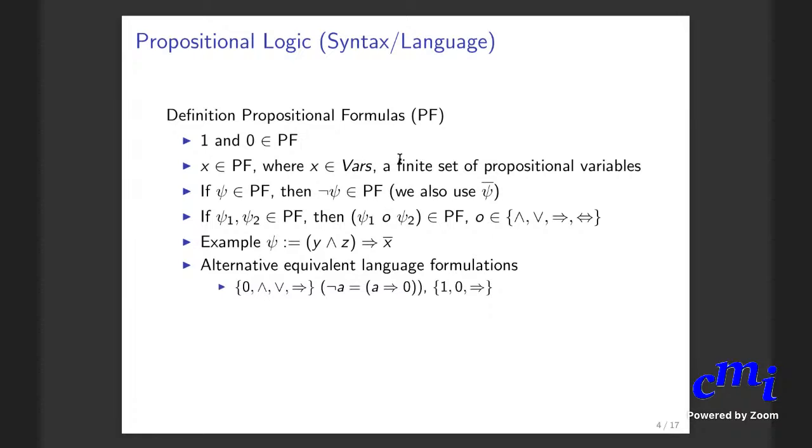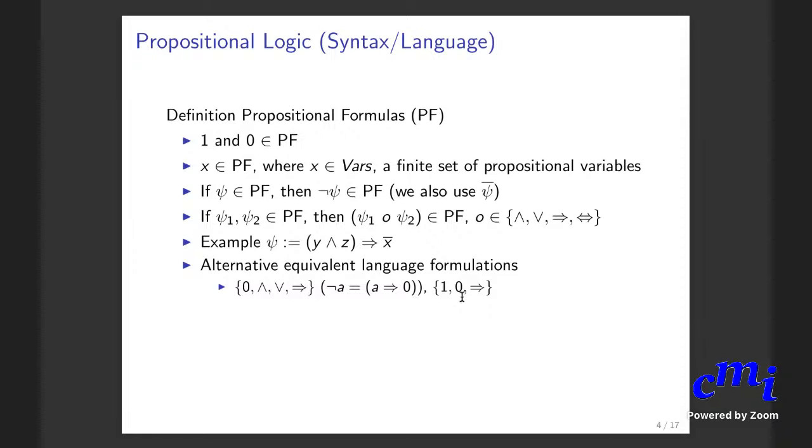Of course, this is not the only way to define the language. There are alternative equivalent propositional logic language formulations. For example, you can have just the constant 0 and implication, because negation, as you will see when we define the semantics of these connectives, can be expressed as A implies 0.